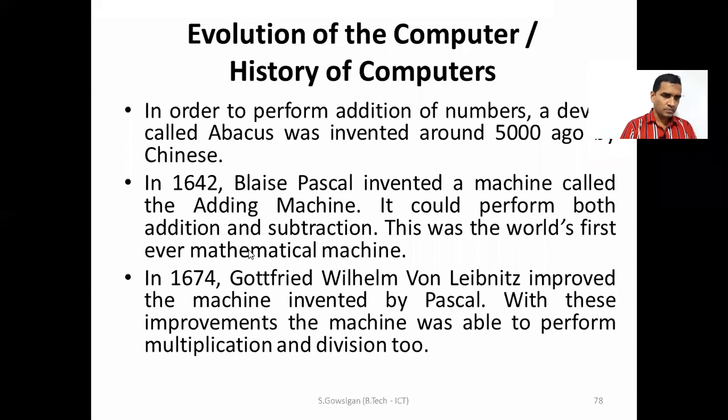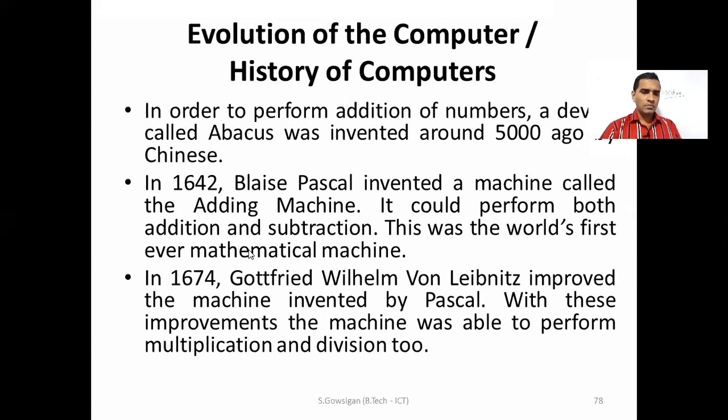That's enough. Then after some time, 1674, a few years later, this Pascaline, which was invented by Blaise Pascal, was modified. As you could see, there is a limitation in this Pascaline, because it could perform only addition and subtraction.